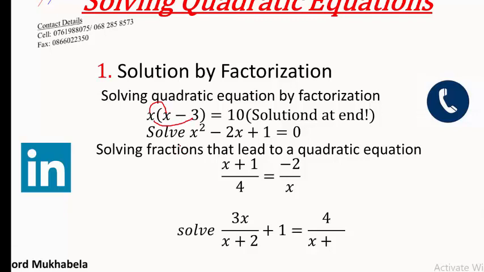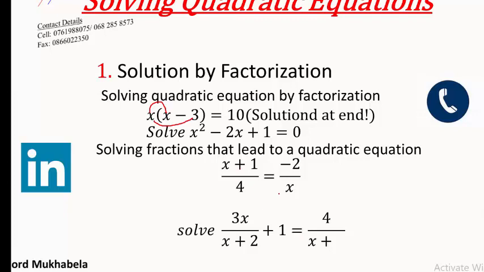So now you must solve x squared minus 2x plus 1 on your own. So after having done that, please also note that we have solving fractions that lead to quadratic equations. So these type of fractions, they lead to quadratic. So you must know also this as well as this method here.